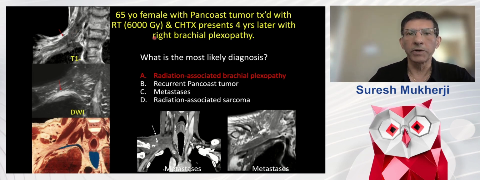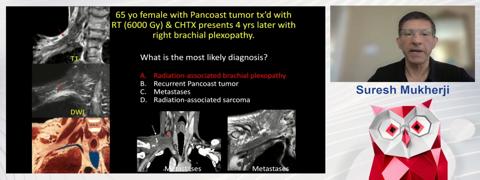But what's more important to me is to get more history and figure out what the dose was and the number of years after completion of therapy. Because if the patient had a higher dose, and this occurred 4 years later, then this is more associated with radiation-associated brachial plexopathy.